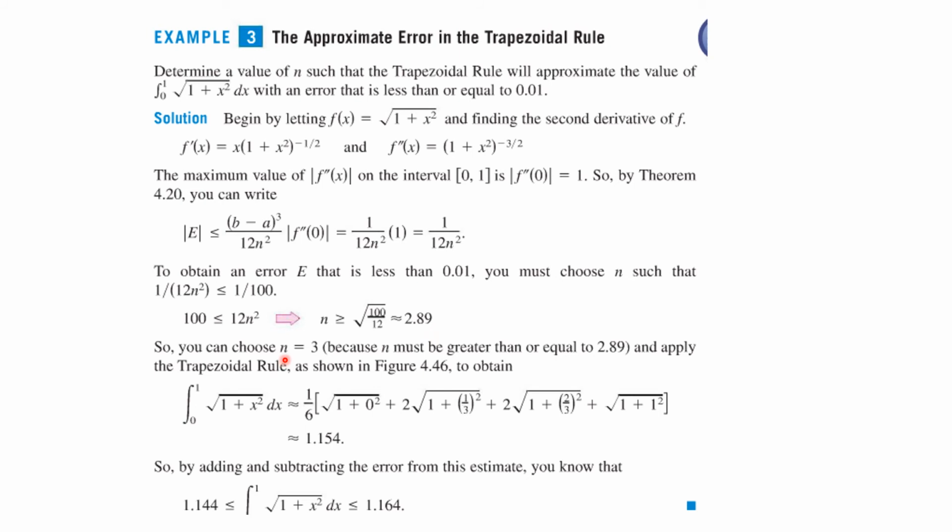So if we choose 3, this is the approximation that you get using the trapezoidal rule, and it is this number. By adding and subtracting the error from the estimate, we can know that this integral is in between these two numbers.